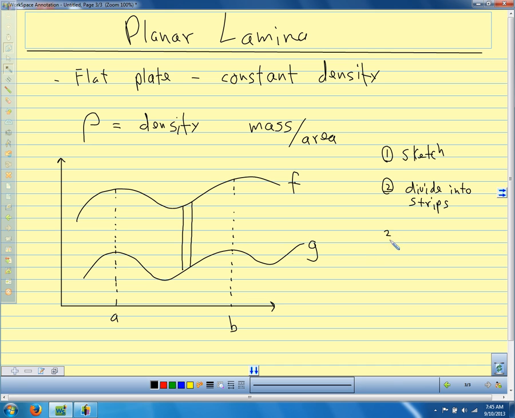And we're going to find the mass and center of mass of the strip.